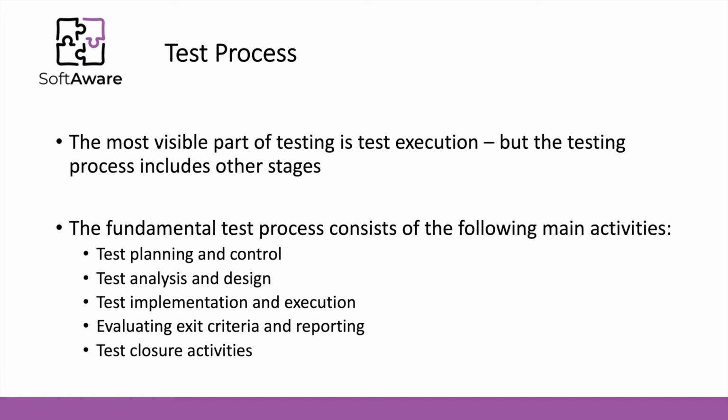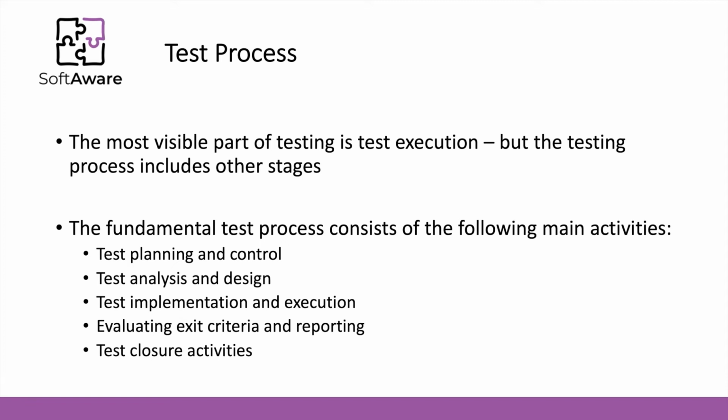Test implementation and execution is the activity where test procedures or scripts are specified. The environment is set up, the tests are run. It includes finalizing, implementing and prioritizing test cases, developing and prioritizing test procedures, executing test procedures, comparing the actual results with expected results, and logging test activities.